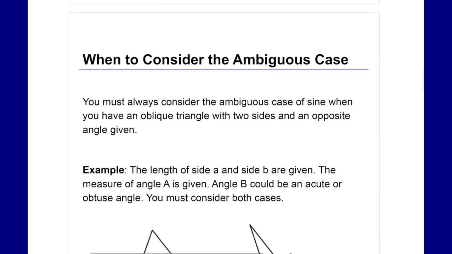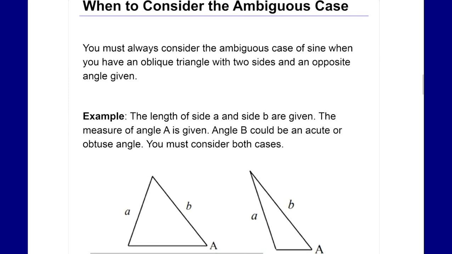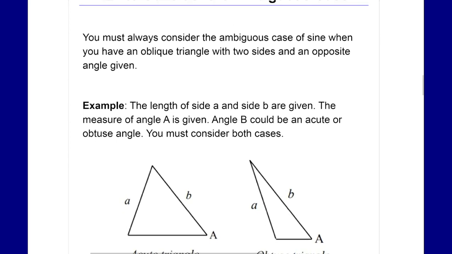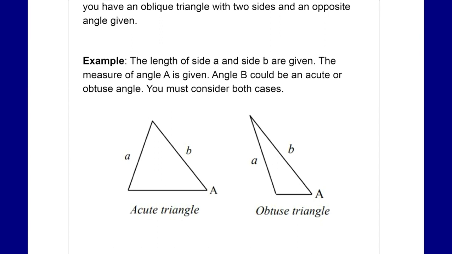So when to consider it? We must always consider the ambiguous case of sine when you have an oblique triangle with two sides and an opposite angle given. For example, the length of side a and the length of side b are given, and the measure of angle A is given. Angle B could be an acute or an obtuse angle, and we have to consider both situations.